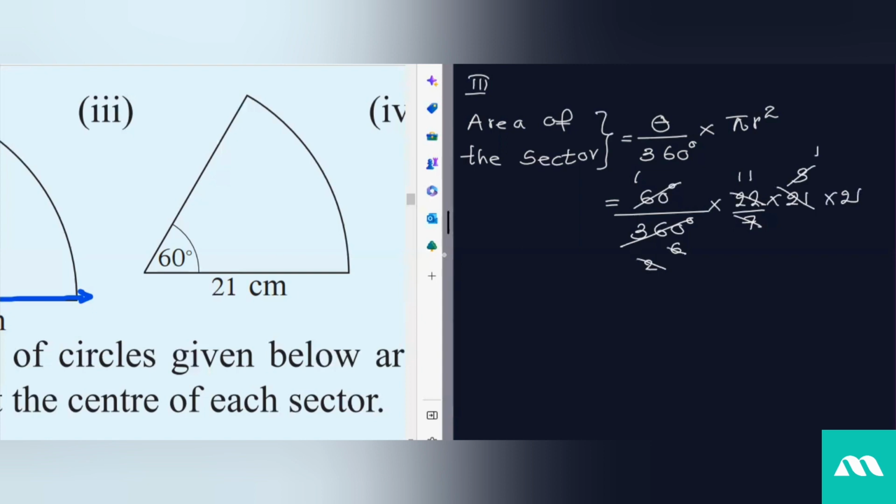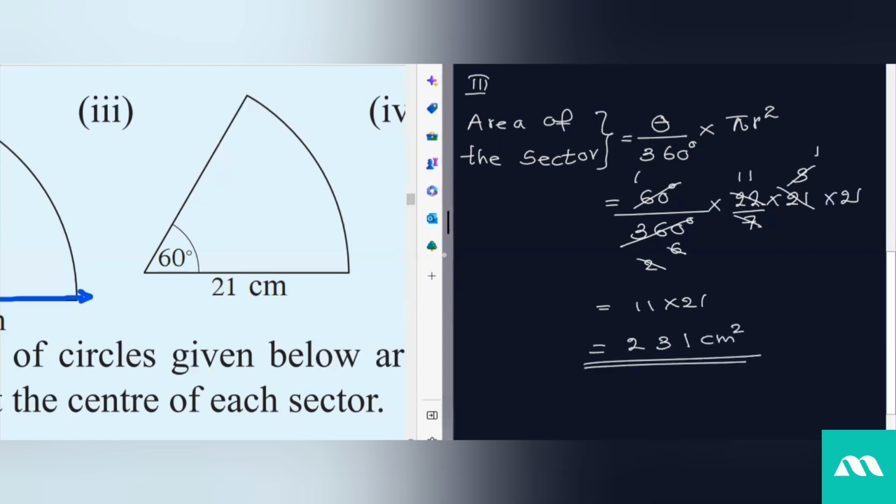So again 11 into 21. So what you can do, you can separate two digits like this and write the sum of the two digits in the middle. This is the easiest way to obtain the multiple of 11.